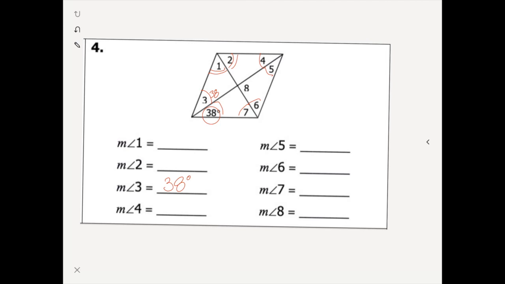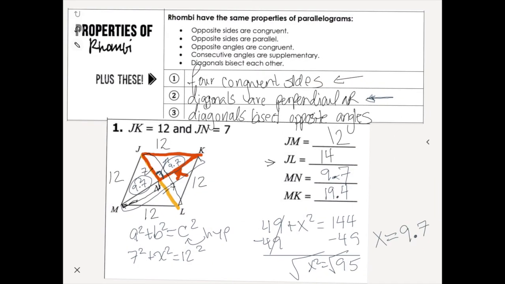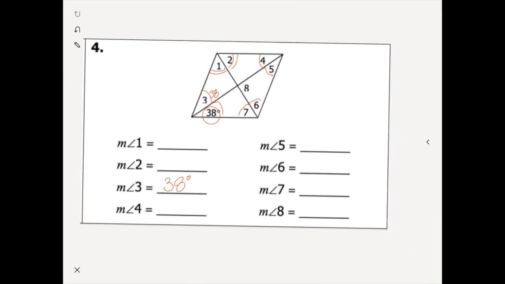Now, another property, remember some of the properties of parallelograms apply to the properties of rhombus. So we're going to see that opposite angles are congruent and that consecutive angles are supplementary. So if we're looking at this example, we know that these two are 38, which means if you add these, you're going to get 76.